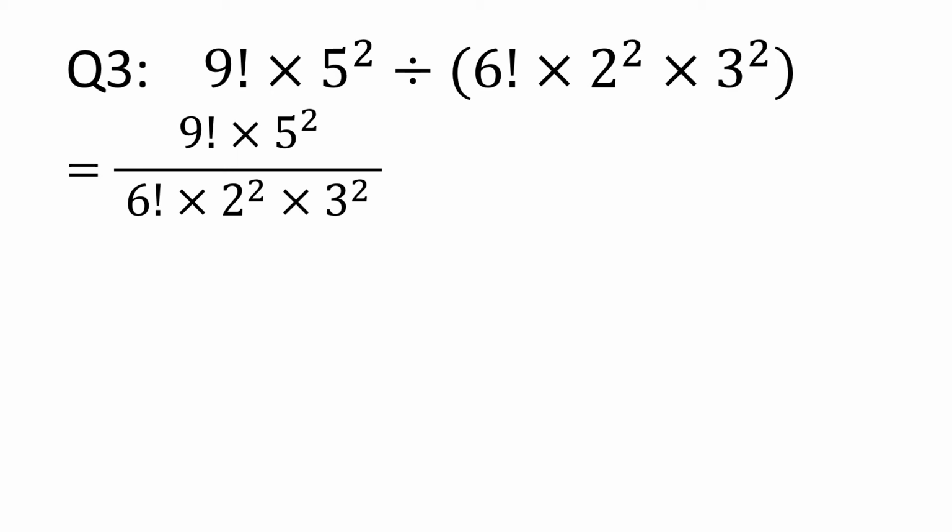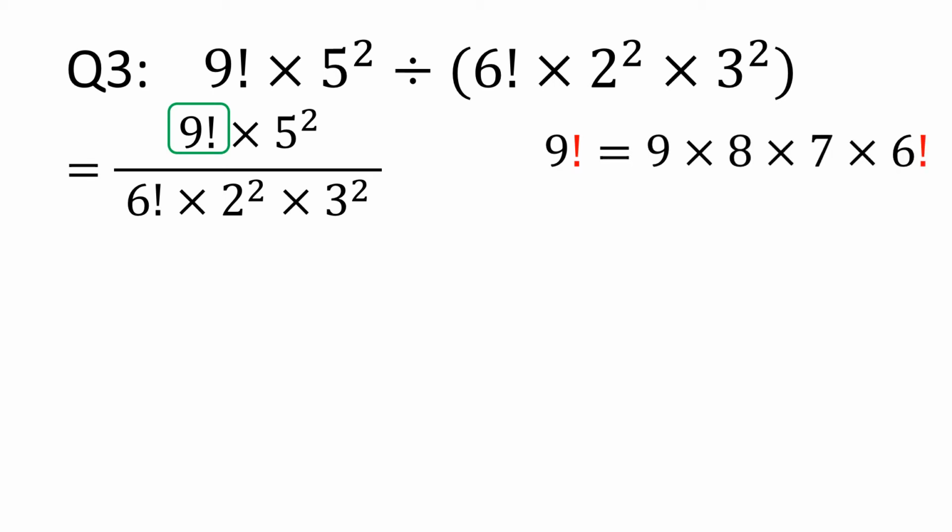Now 9 factorial is equal to 9 times 8 times 7 times 6 factorial. 5 squared is equal to 5 times 5. 2 squared is equal to 2 times 2. 3 squared is equal to 3 times 3.